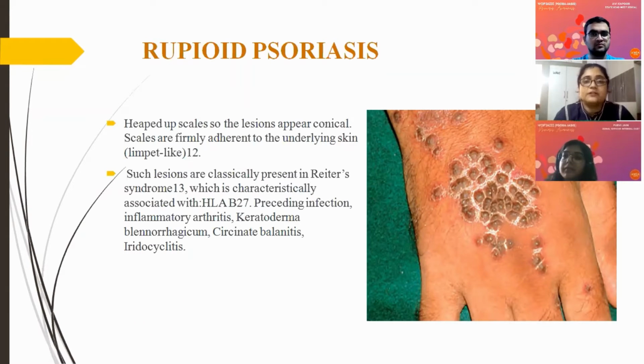Preceding infection, inflammatory arthritis, keratoderma blennorrhagicum, circinate balanitis, iridocyclitis: these are the associated features with rupioid psoriasis, because these are the features of Reiter's syndrome also. Consider this when you find the patient is HLA-B27 positive.